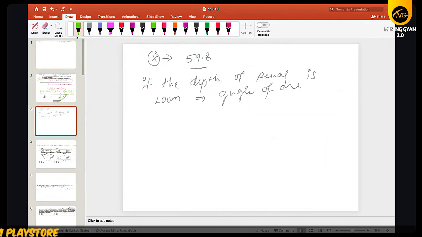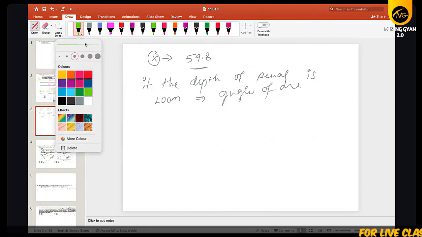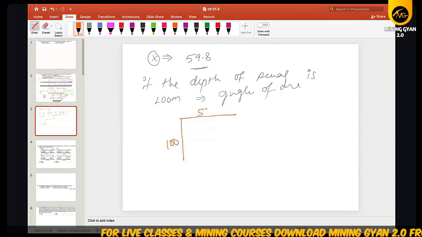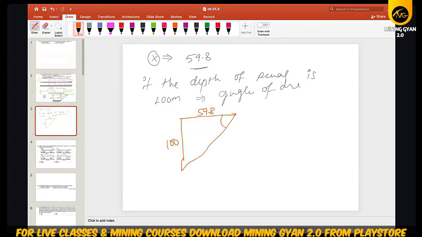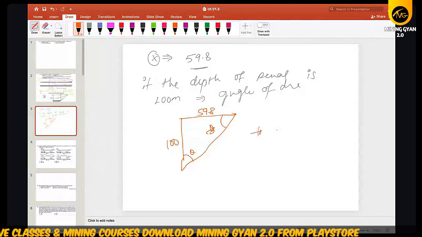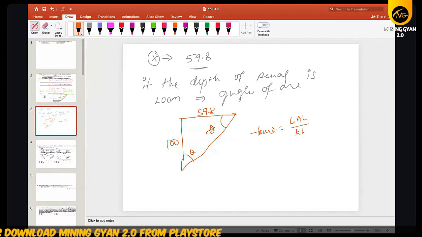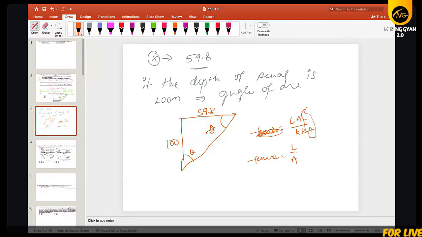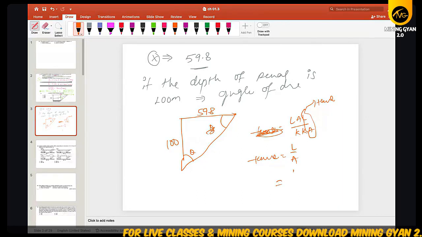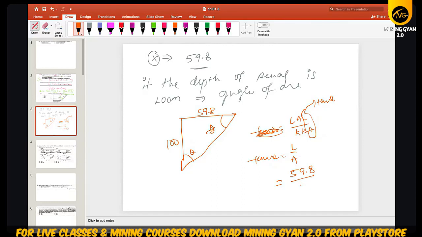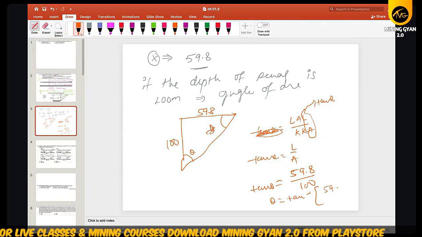Okay, so if you want to apply the tan rule, simple. If you know the depth 100 and the horizontal distance 59.8, so theta, tan theta equals perpendicular by base. Perpendicular is 59.8 and base is 100, so tan theta equals 59.8 by 100. Theta equals tan inverse of 59.8 by 100.